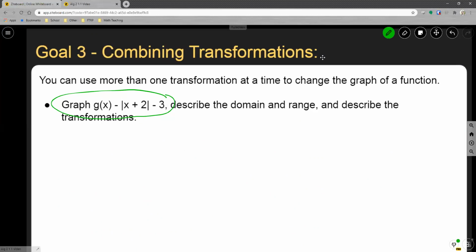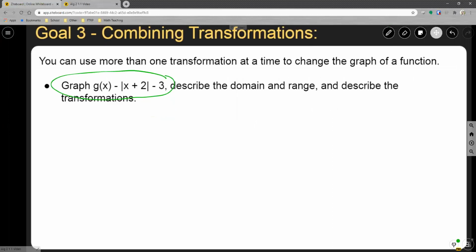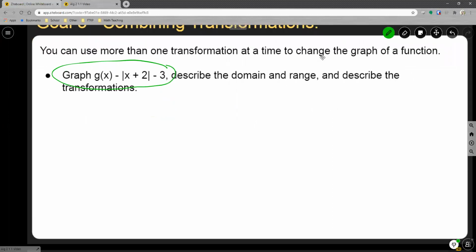We're going to describe the domain and range, and we're going to describe the transformations. So if we want to graph this out, my goal here is to figure out what's happening. So let's do that first. I'm going to have my x values and my g of x values. I'm going to use the same ones I've been using.